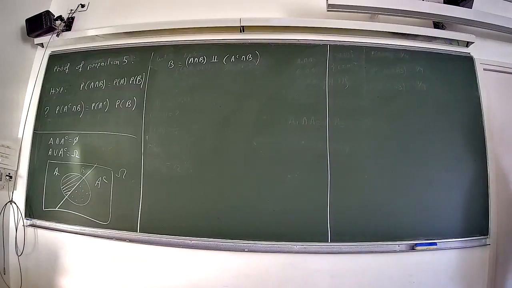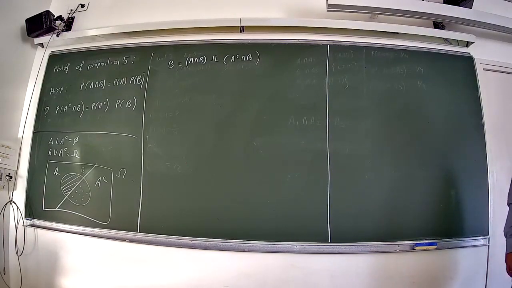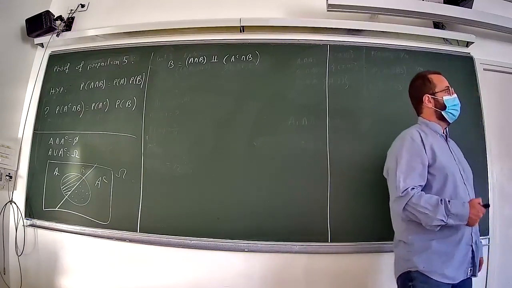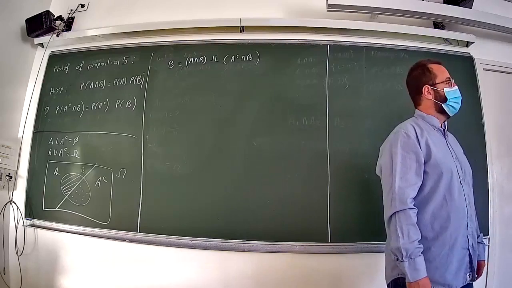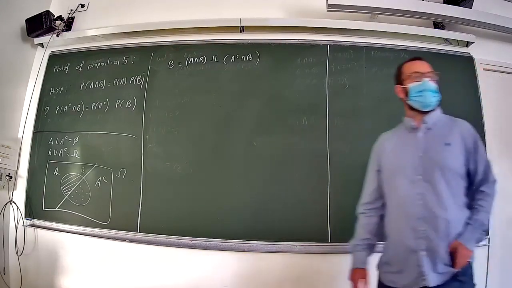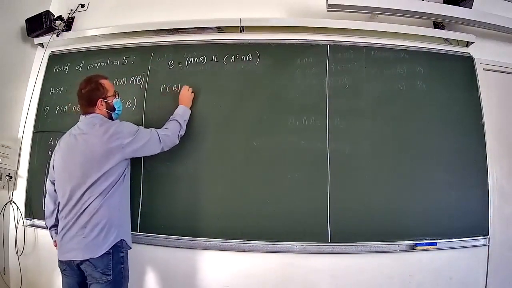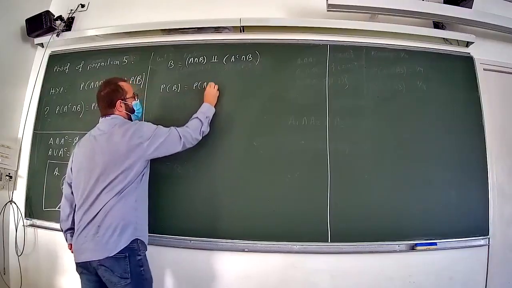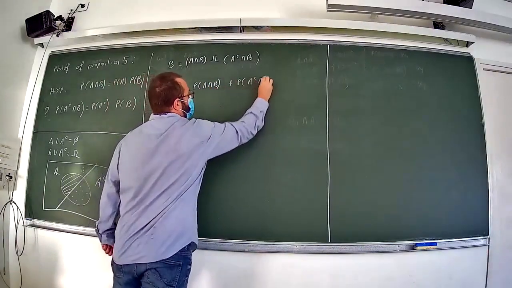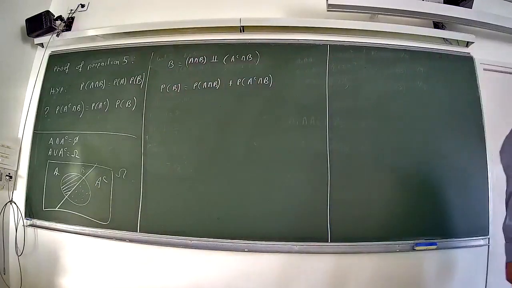So why do I do this? I do this because, since I have a disjoint union, I can use the basic rule of computation of probability, the second point here: the probability of the union is equal to the sum of the probabilities. So I have P of B equal to P of A intersected with B plus P of A complementary intersected with B. But I have one hypothesis.